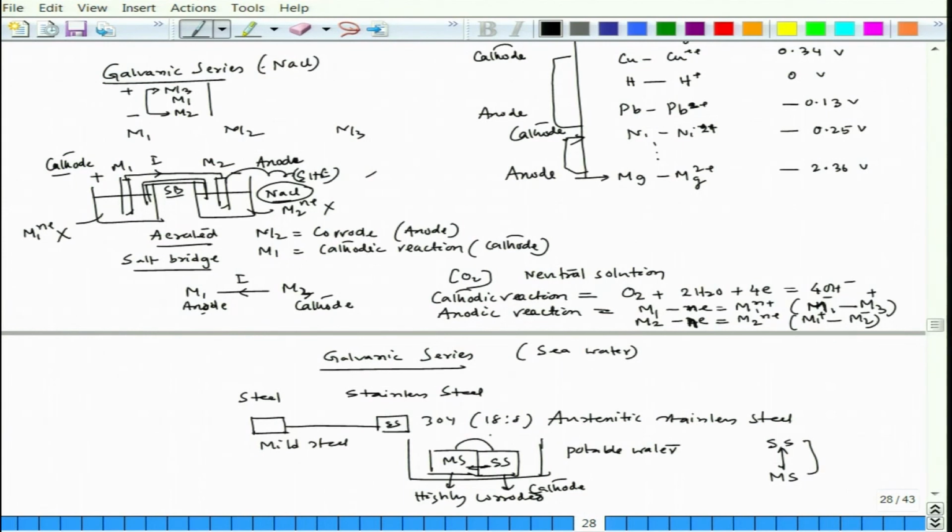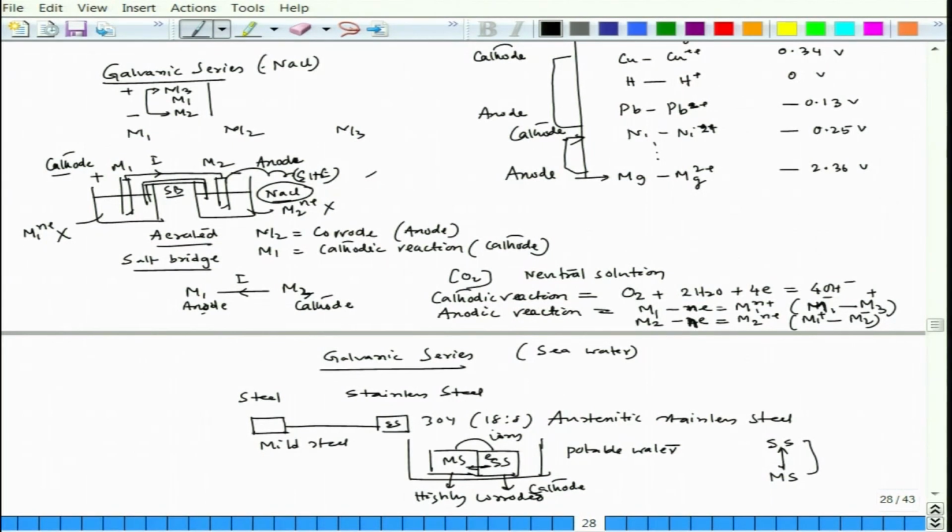So, here ions move and here electrons move. SS would become cathode and MS becomes anode. Interestingly they are not pure metals; the SS is a highly alloyed metal and MS is a less alloyed metal, fine.